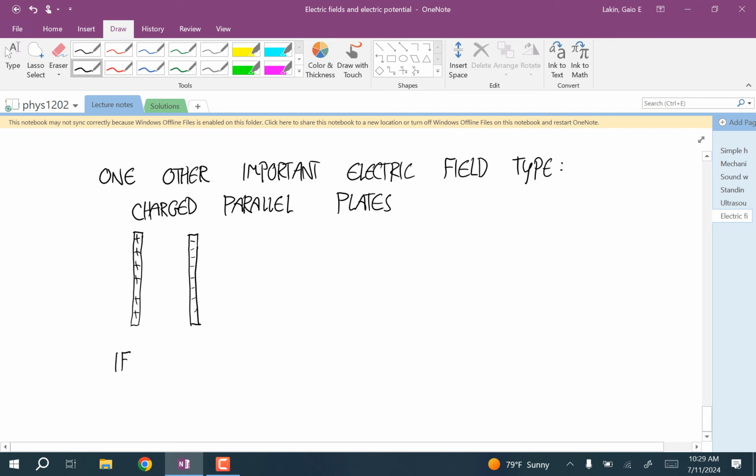And if the height of these plates is bigger than the distance between the plates, so think of this distance d, and this is the height. So if the height is bigger than the distance, then there's a uniform electric field in between the two plates.